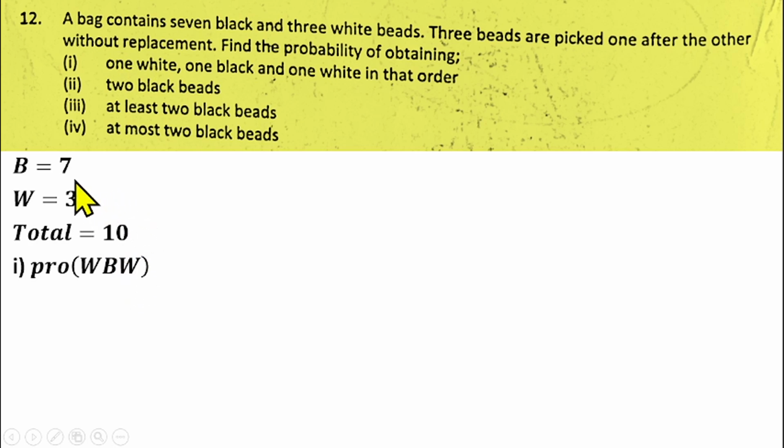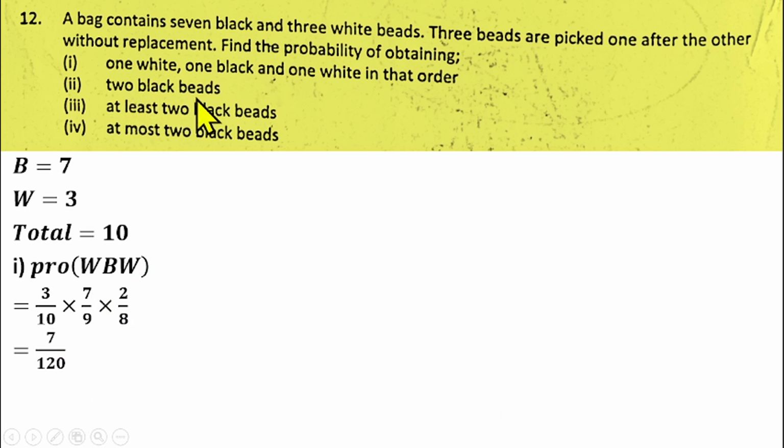You'll be having 2 out of 8 now, because you already picked the first white ball and the total is reduced to 8 after picking 2 balls. So 3 over 10 times 7 over 9 times 2 over 8. If you simplify it, you have 7 over 120.